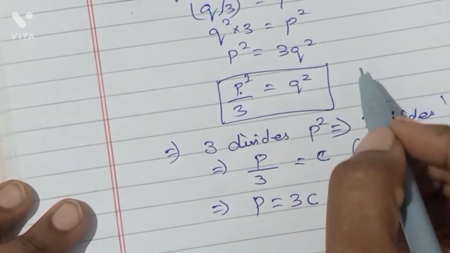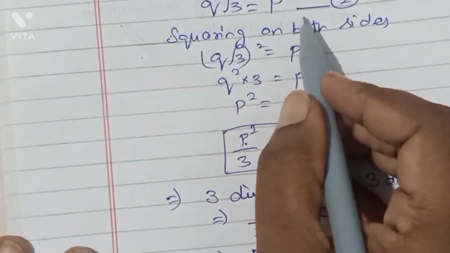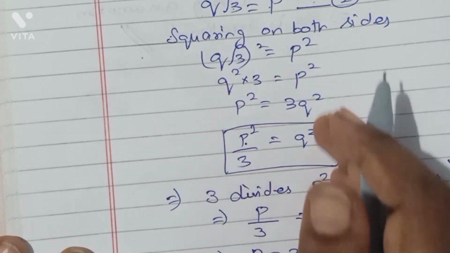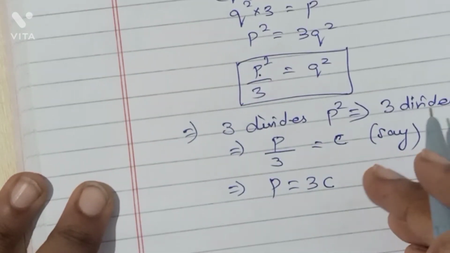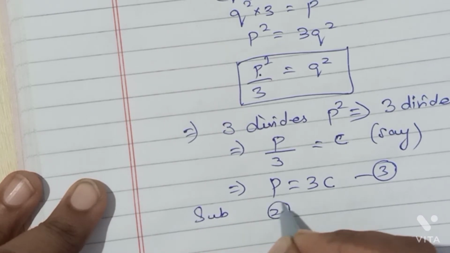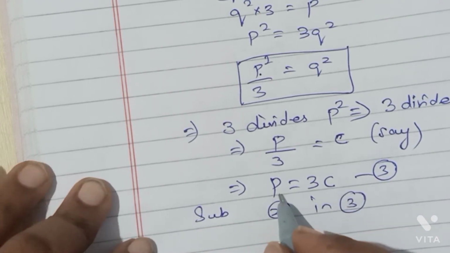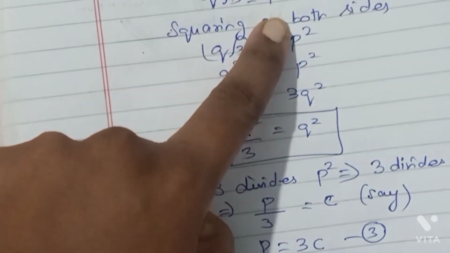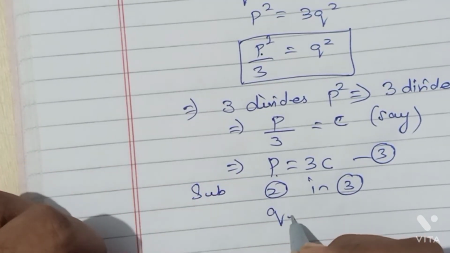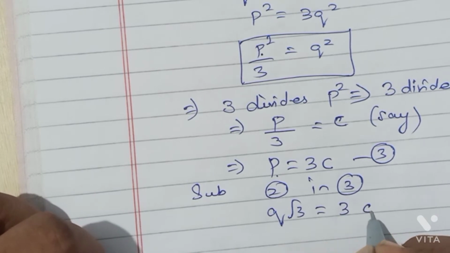Now consider the second equation. In the second equation we have p equal to q root 3, isn't it? Let us substitute 2 in 3. The value of p is q root 3, so in the place of p, q root 3 is equal to 3c.